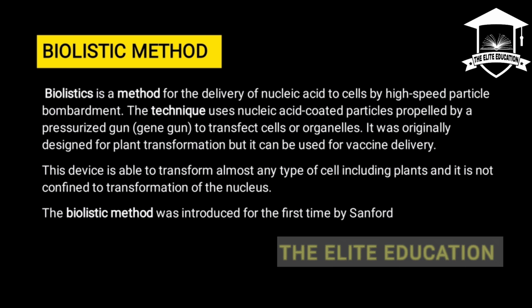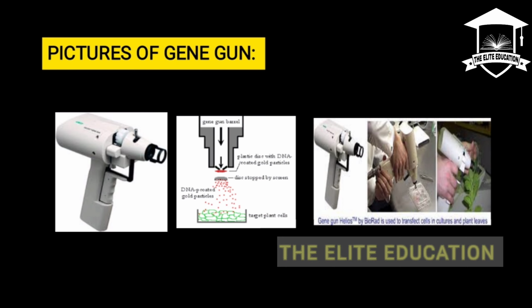This device is able to transfer into almost any type of cell, including plants, and it is not confined to transformation of the nucleus. So it has a wide range of applications, and you can transfer into any part of the cell. The biolistic method was introduced for the first time by Sanford.